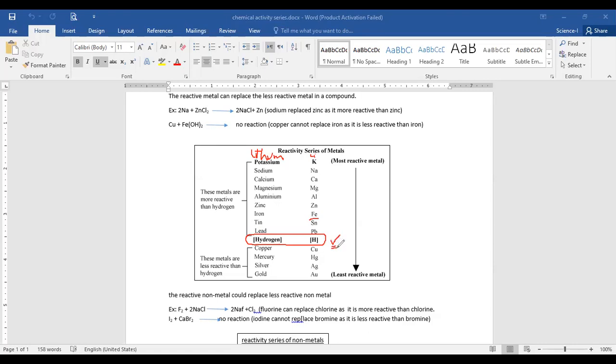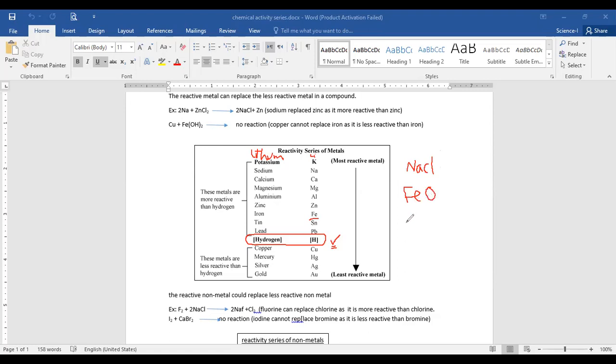Actually, in most compounds, hydrogen represents the positive side of the compound. What does it mean? We can understand this. Let's remember some chemical compounds, for example NaCl, that's sodium chloride. Let's take another example, FeO, iron oxide, the rust.